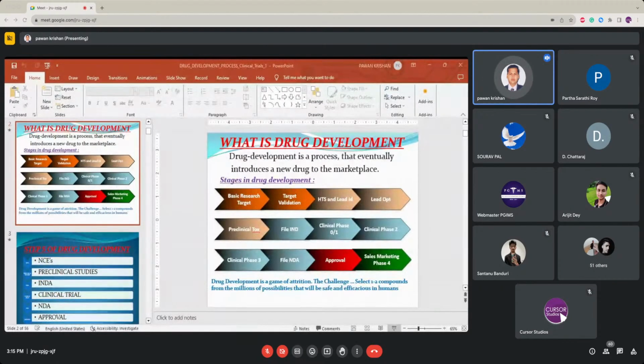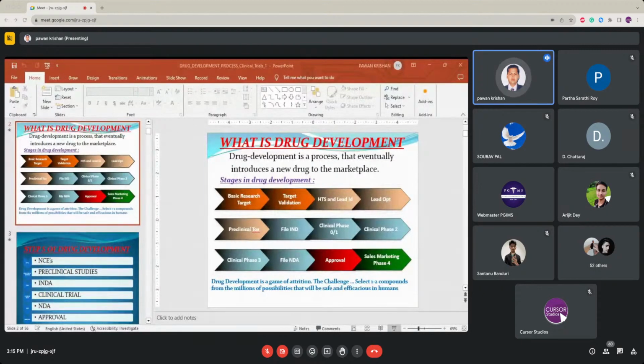Once there is successful conduct of phase 3, you file an application called NDA, that is new drug application. Earlier it was the investigational new drug application; now it is the new drug application.